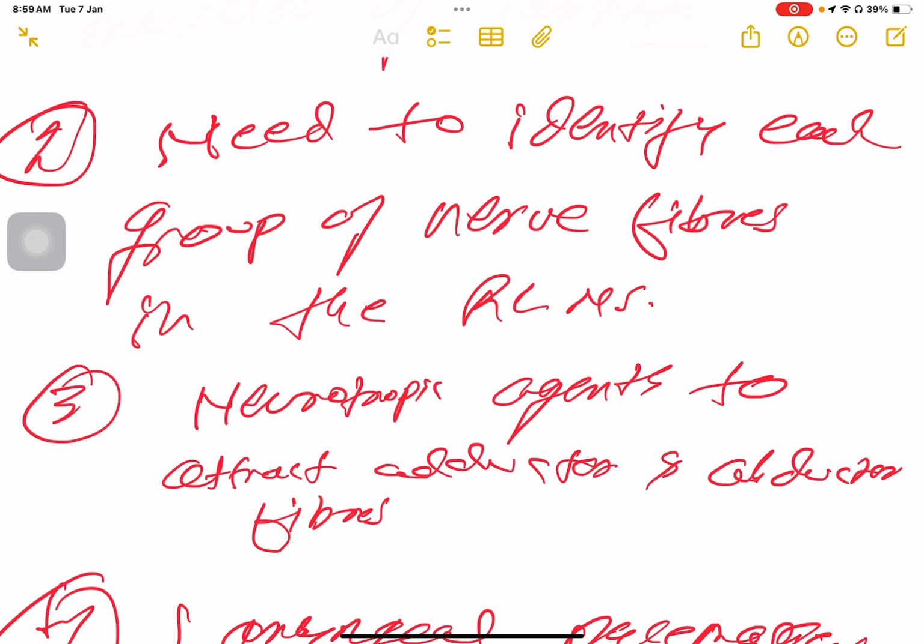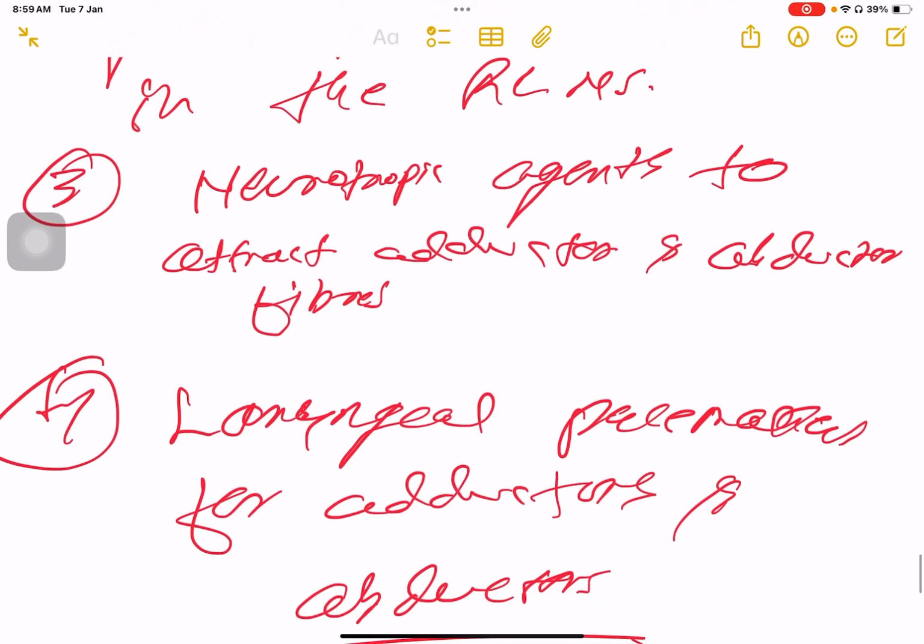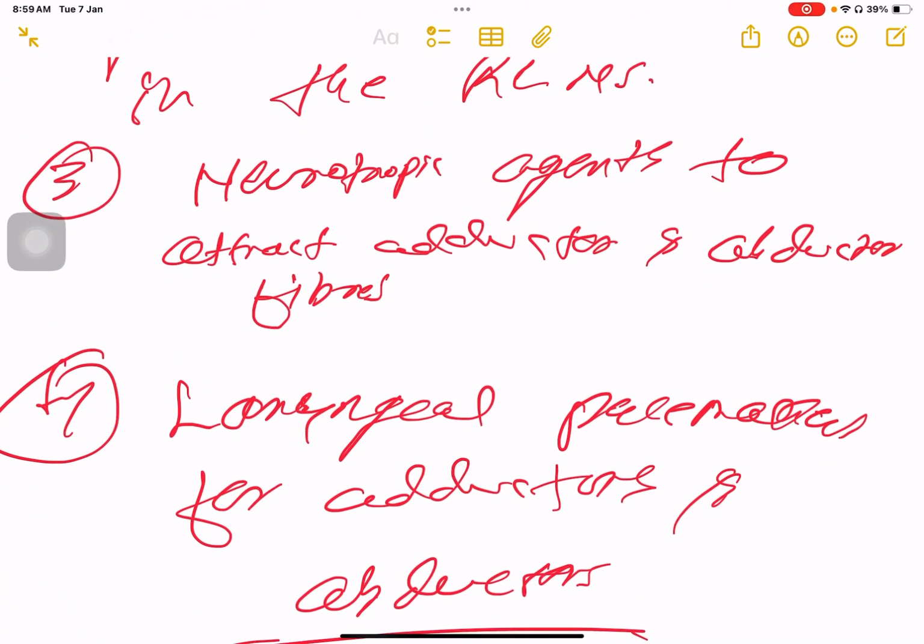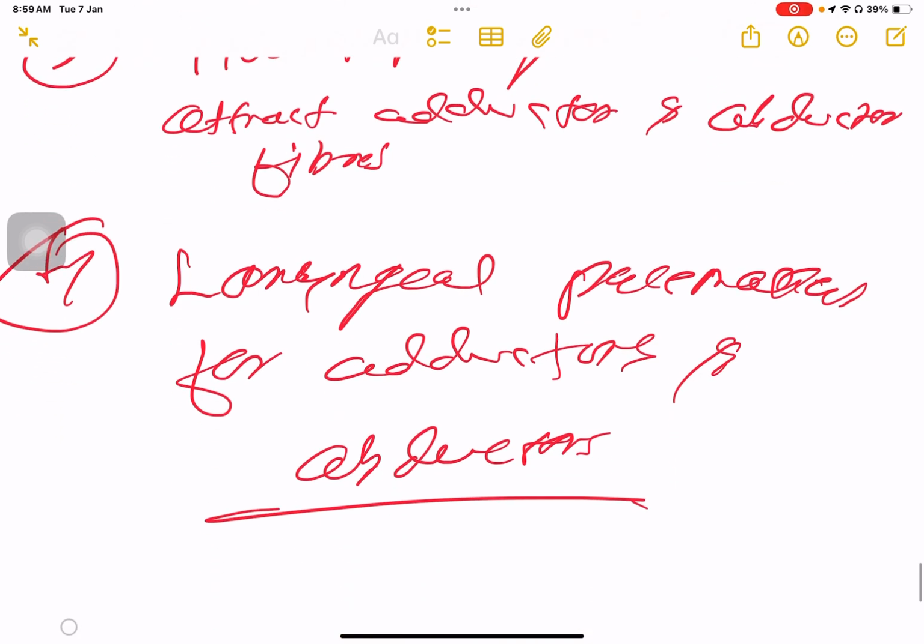Then neurotropic agents could be tried to attract the adductor and abductor fibers, and lastly, laryngeal pacemakers are also a possibility for adductors and abductors.